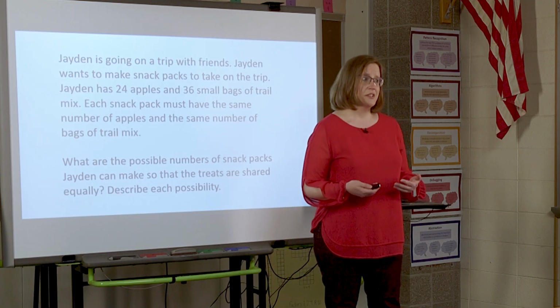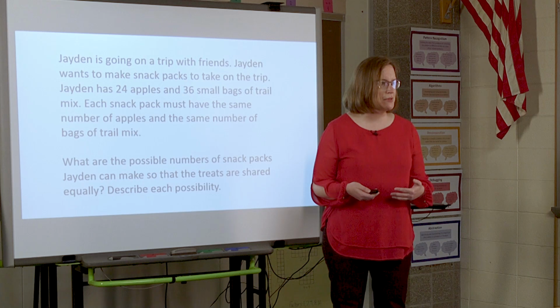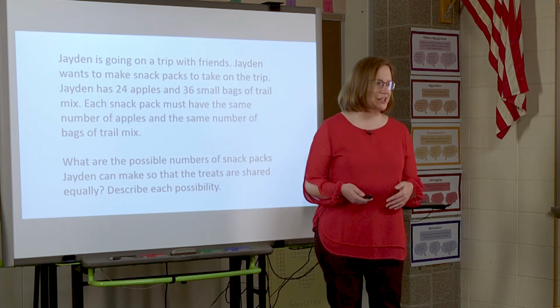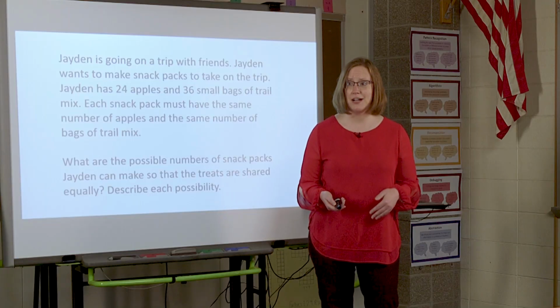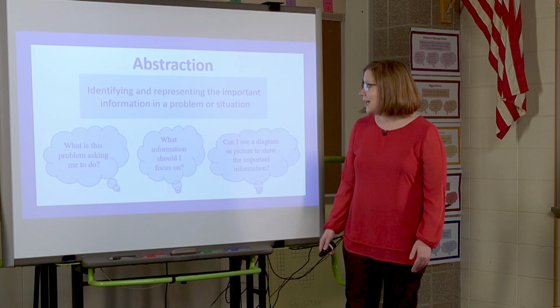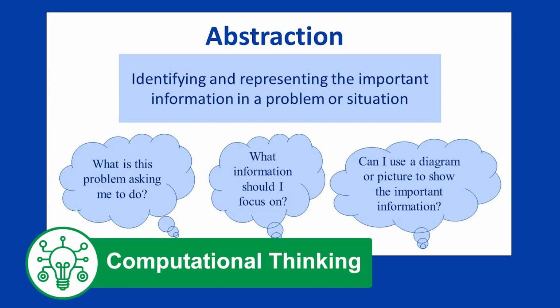Okay, that's a lot of information. And something I like to do when I'm solving a problem that has a lot of information to keep track of, like this one, is to use abstraction. That's one of our CT practices we're going to be using this year. Abstraction is about identifying and representing the important information in a problem or situation.